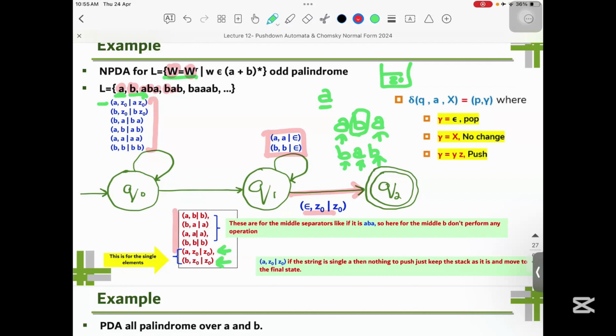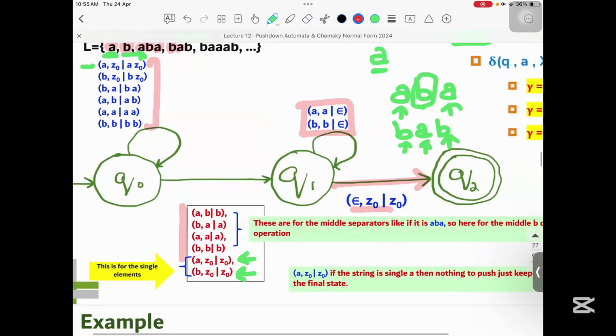So you can see what we did here is exactly the same thing as what we did previously. This is also the same. This one is also the same. Here, if you have ABA, in that case, if the input is A and the stack top is B, then simply ignore. This is ABA.